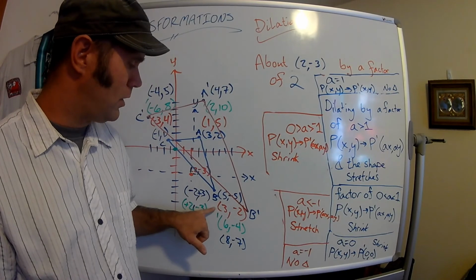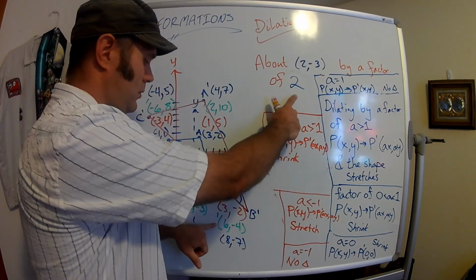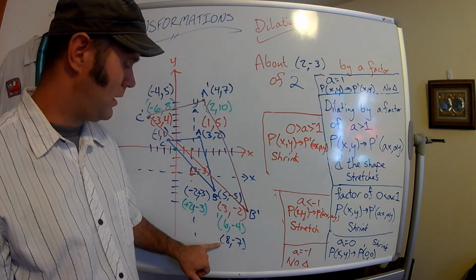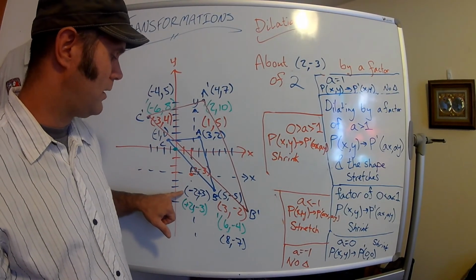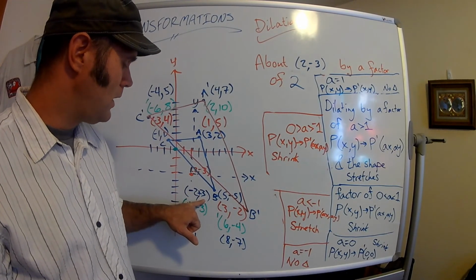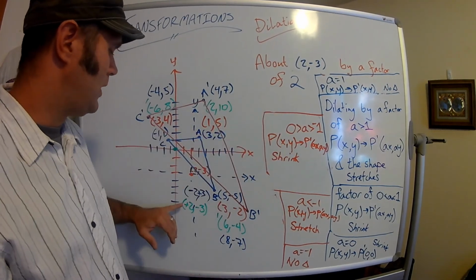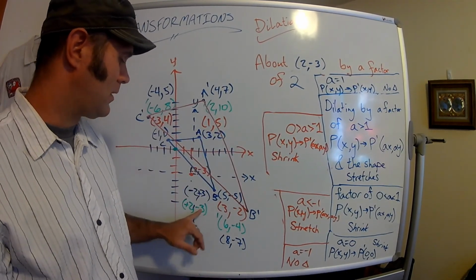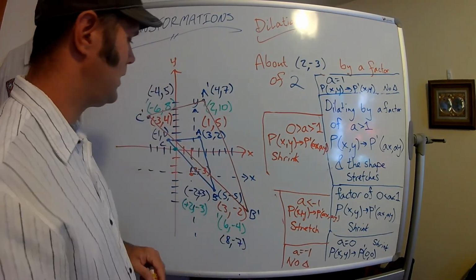First we converted, then we multiplied by 2, and then we converted back. We subtracted 2 and added 3 to each point, then multiplied by 2, and then added 2 and subtracted 3 from each point. And that got us the correct answer.